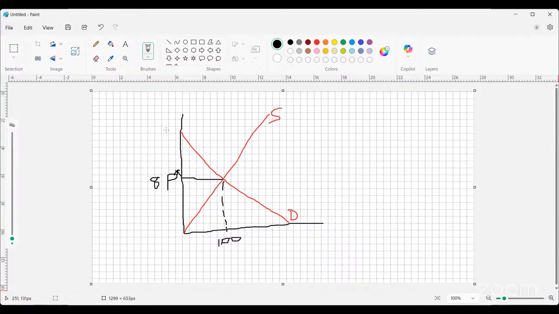Now, let me analyze this situation further. Let's say you have the maximum price here. Let's say 20. Now, at least one consumer, one customer in terms of demand, is willing to pay $20 for the same goods.